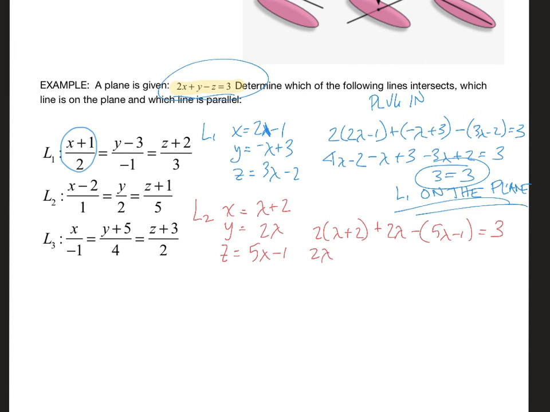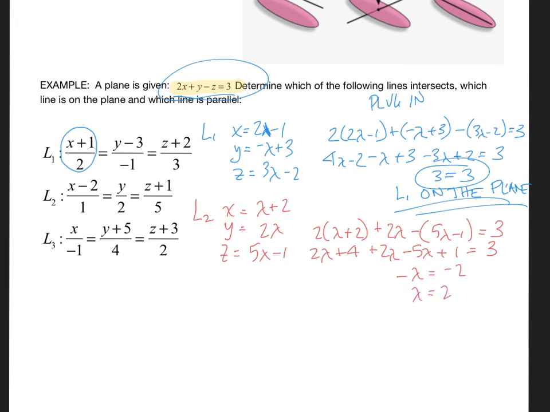So 2 lambda plus 4 plus 2 lambda minus 5 lambda plus 1 equals 3. Simplifying this, I end up with negative lambda equals negative 2, or lambda equals 2.